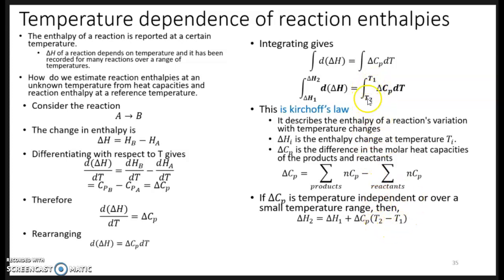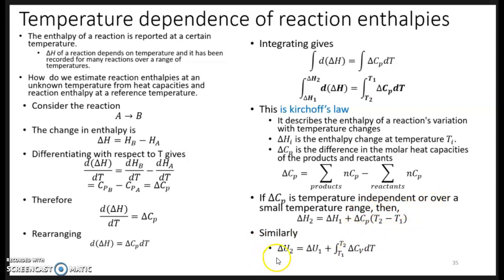Then this will simply be delta H2 minus delta H1, and because of that we can bring delta H1 to the other side of the equation. So this is our Kirchhoff's law if Cp is constant over the temperature range.